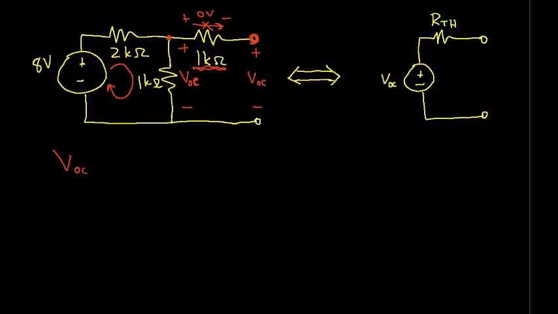I have VOC is equal to, I can use a voltage divider because I have this 8 volt source in series with a 2 k ohm resistor and a 1 k ohm resistor.